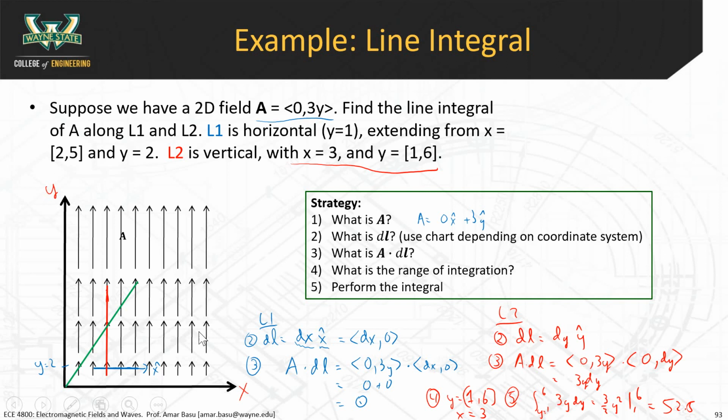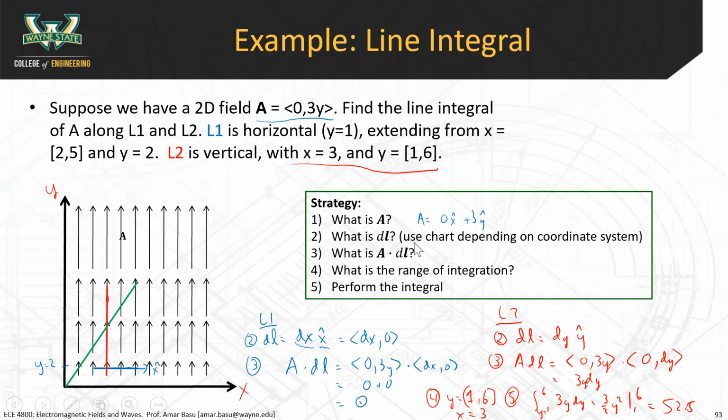In this simple case, dl is always tangent or parallel to the line that you're integrating on. In the simplest case of a horizontal line like this, the unit vector that's always tangential to the line is just x hat, because the line is horizontal, so the tangent vector always points in the x direction.